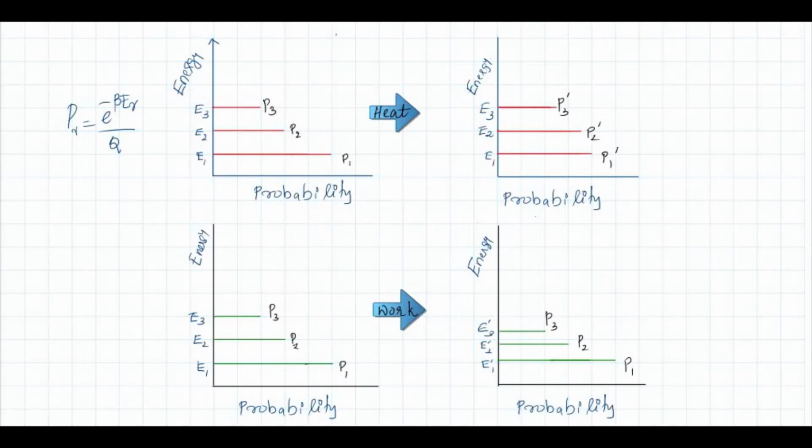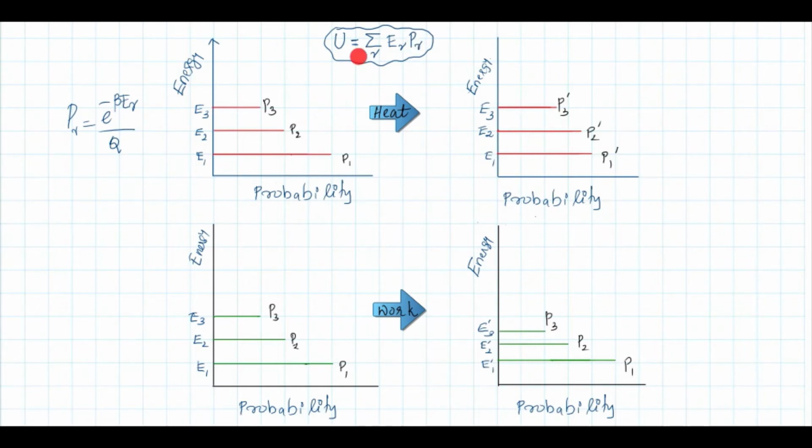You have the average energy of a system, or average internal energy, U, equal to sigma R ER PR. We can alter this internal energy of a system in two different ways. One is by altering the energy eigenvalues, the other is by altering the probabilities.